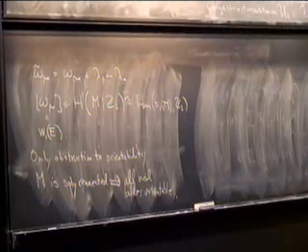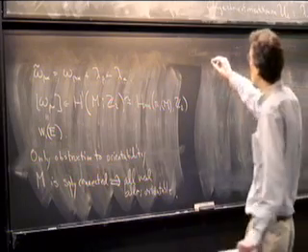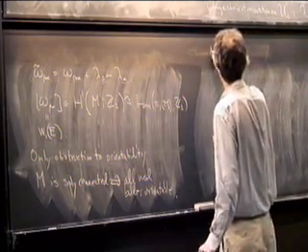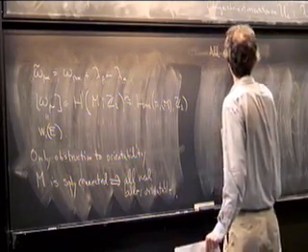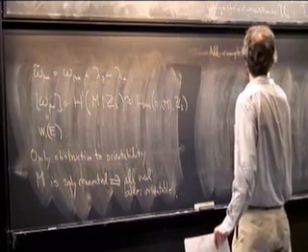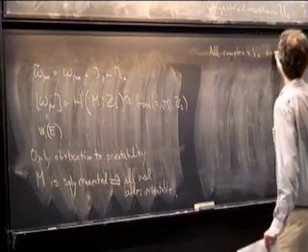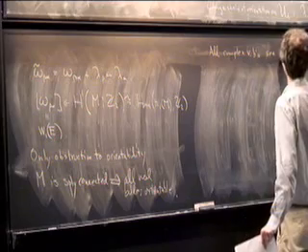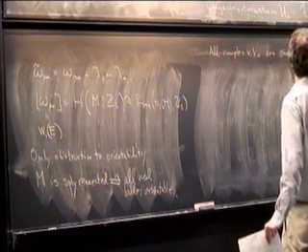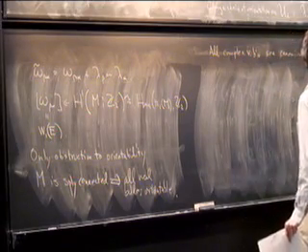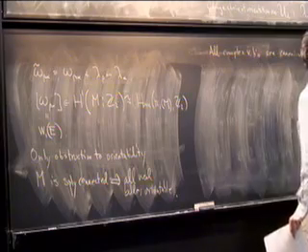All right. Now, one thing to note is that all complex vector bundles are canonically oriented. Okay.